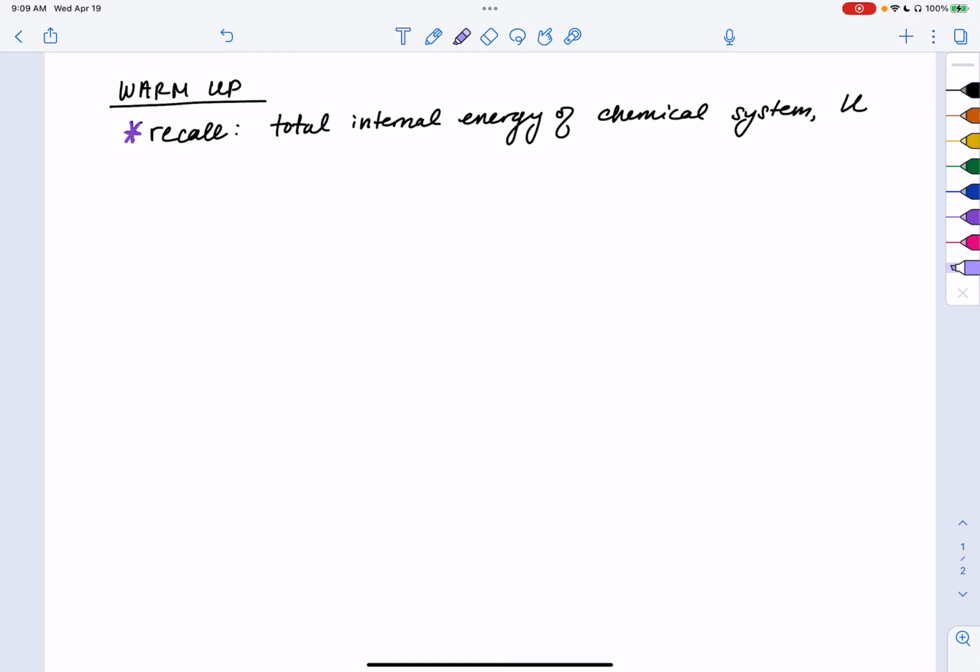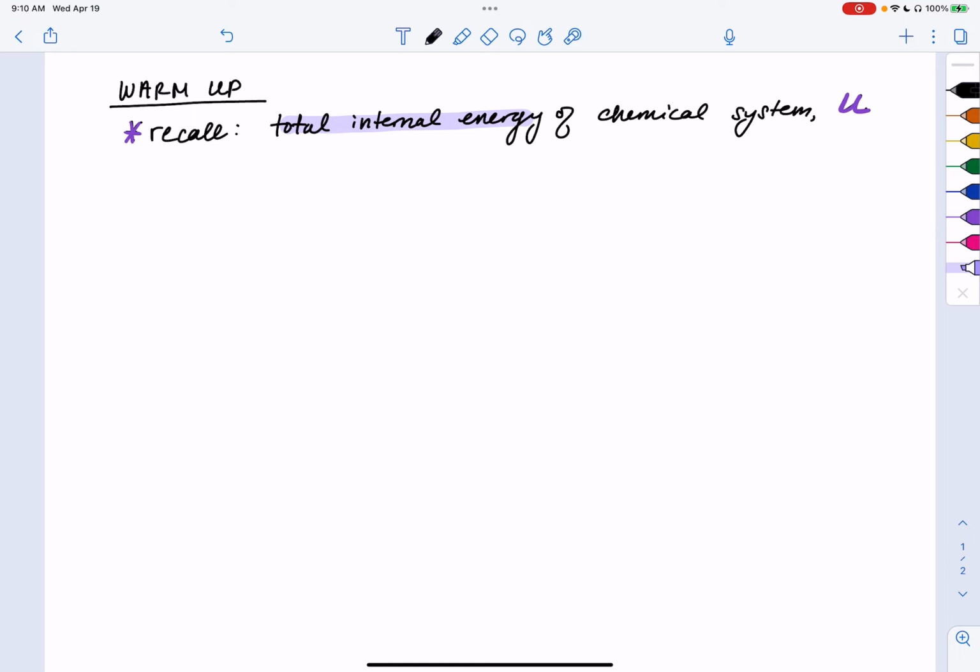So in chemistry, the total internal energy of some kind of chemical system, which I use capital U to indicate. I'm sorry for all of us physics and engineering folks. You typically see U as potential energy. In chemistry, we use U to indicate total internal energy. But let's remind ourselves about what this looks like.